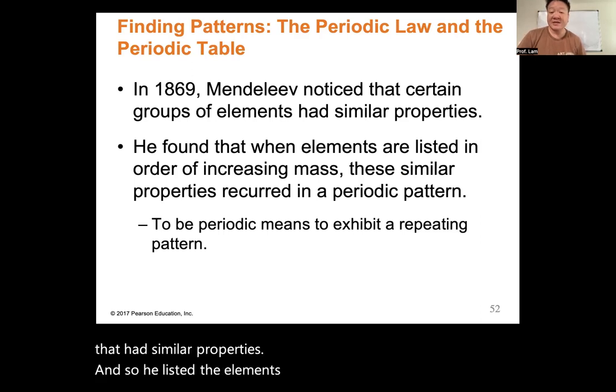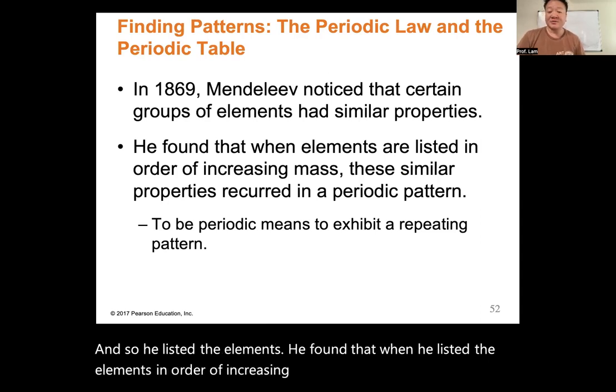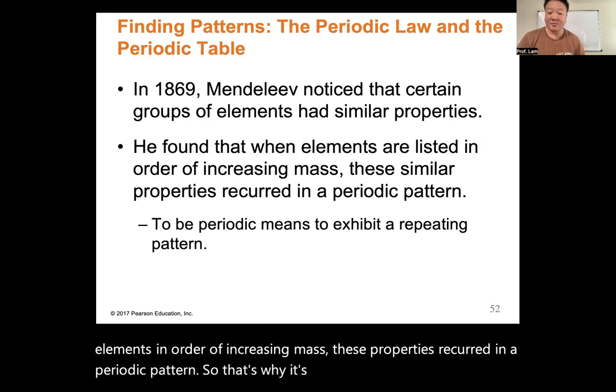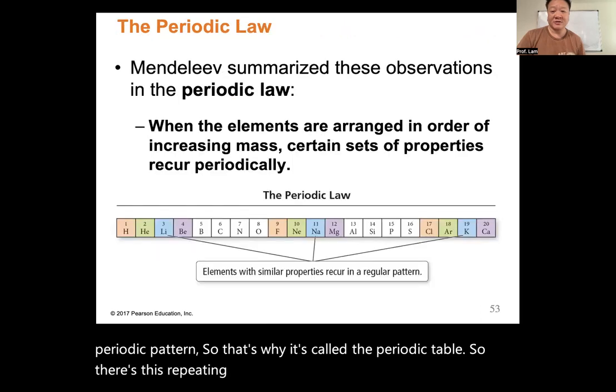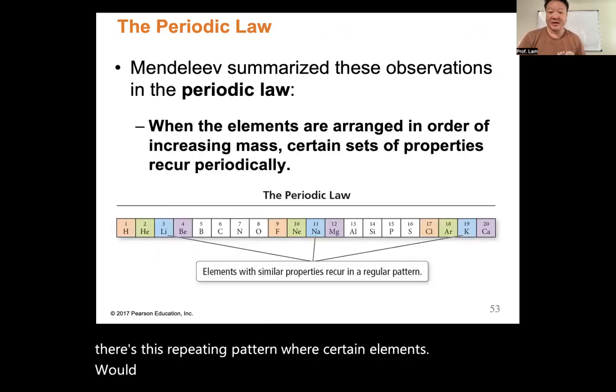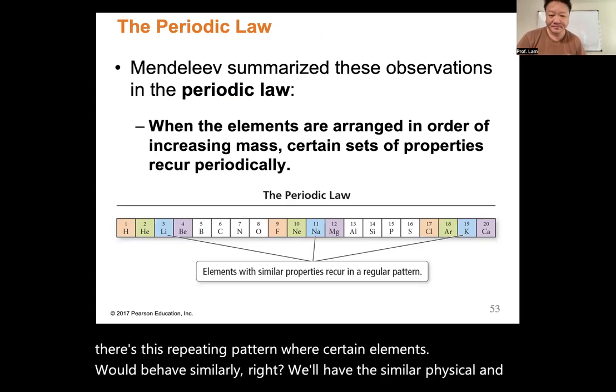He found that when he listed the elements in order of increasing mass, these properties recurred in a periodic pattern. So that's why it's called the periodic table. So there's this repeating pattern where certain elements would behave similarly, right? Will have similar physical and chemical properties.